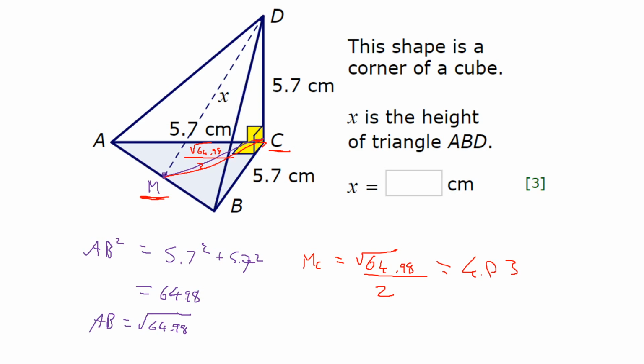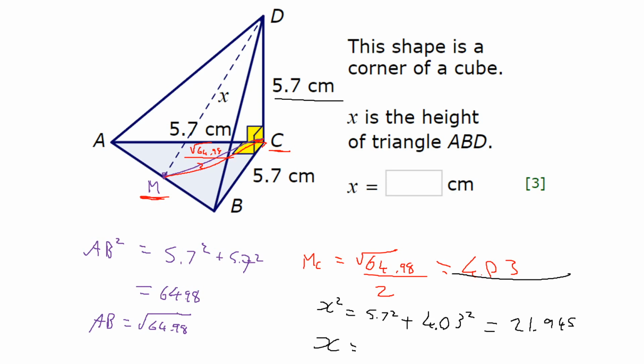So therefore, x squared is going to be the same as our 5.7, which we have here, so 5.7 squared plus this 4.03 squared. And then when we square all of that, we get an answer of 21.945. And so therefore x is equal to the square root of that, which is simply equal to 4.68.